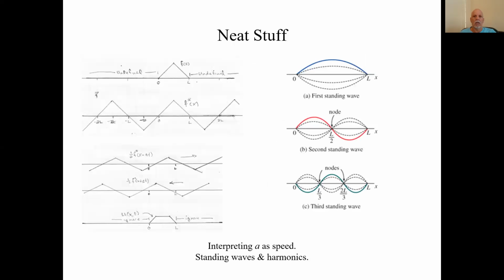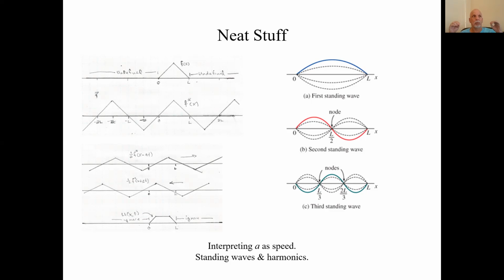Take my word for it, for n equals 1, remember n equals 1, 2, all the positive integers, n equals 1 is called the first standing wave, and that corresponds to the whole string vibrating.